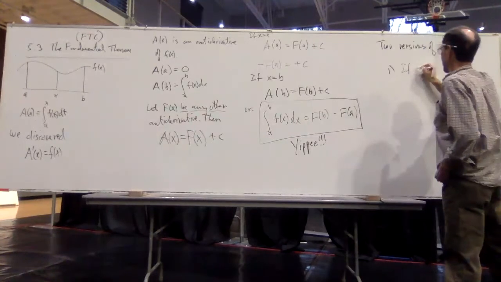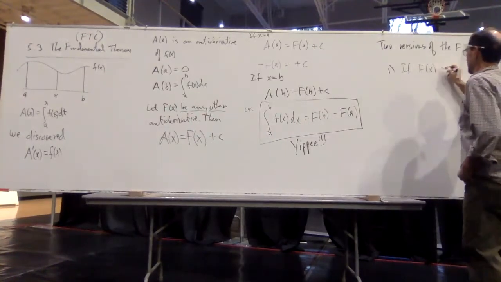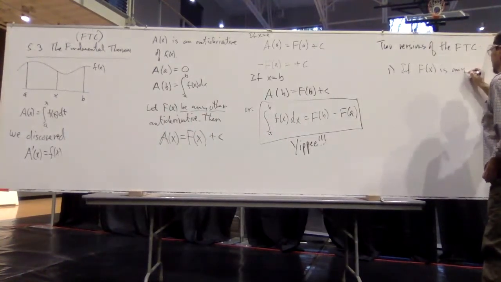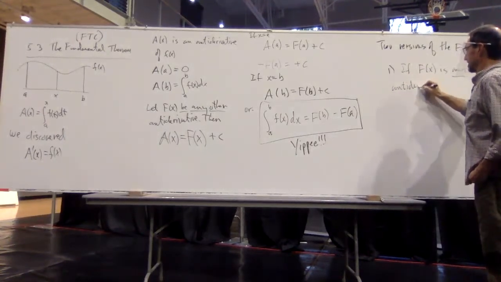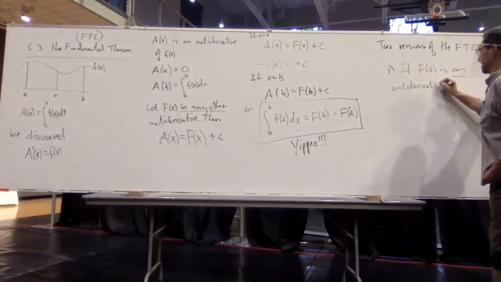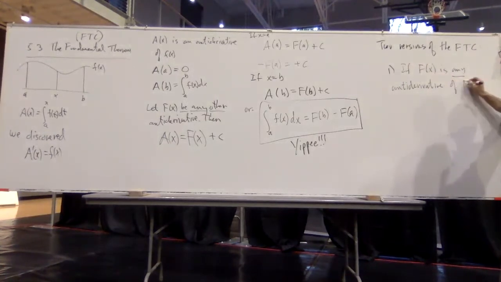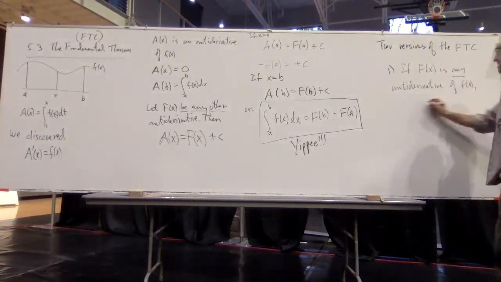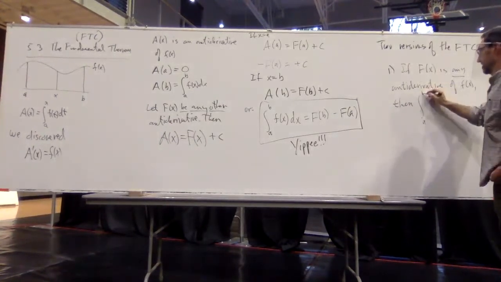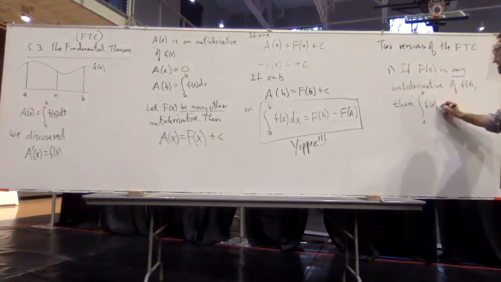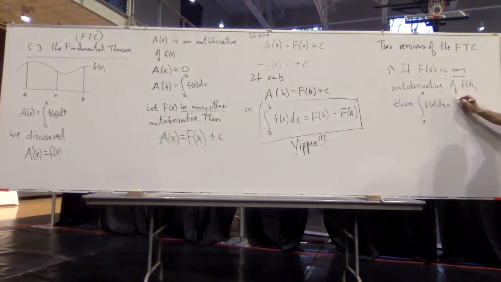If big F of x is any antiderivative of little f, then the integral from a to b of little f of x dx equals big F of b minus big F of a.